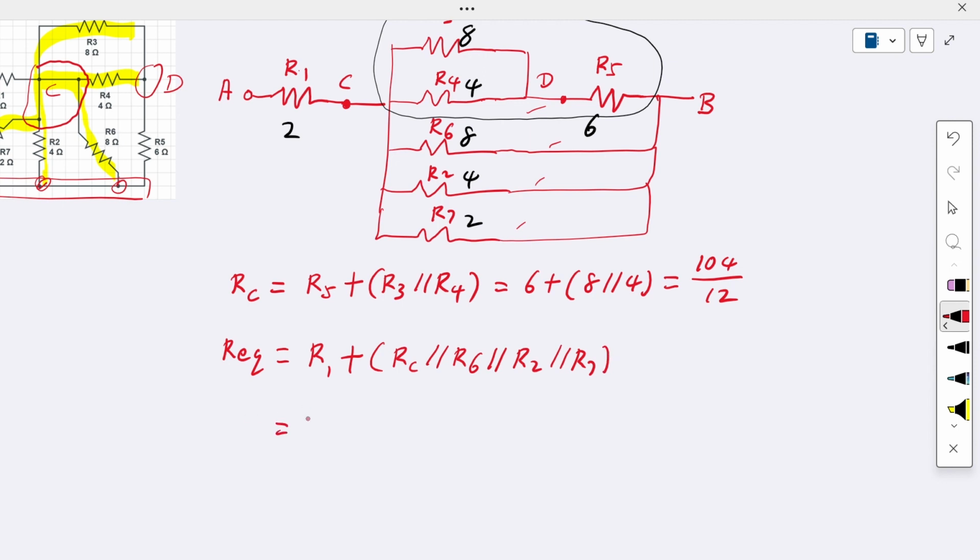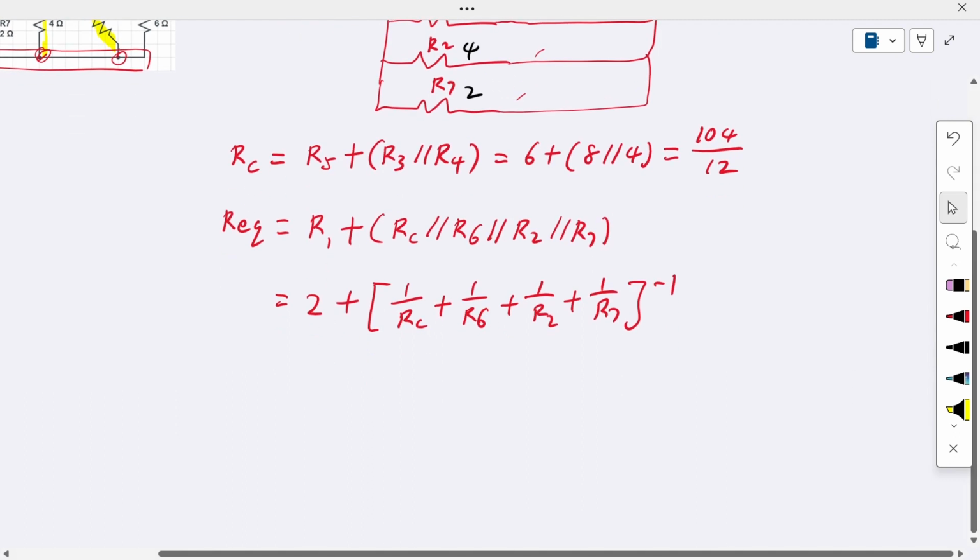How do we find this? We substitute the values. R1 is 2 ohm. Then we find the equivalent resistance. RC we got is 104 divided by 12. So we take the inverse: 1 over RC plus 1 over R6 plus 1 over R2 plus 1 over R7, and then we take the inverse of it.